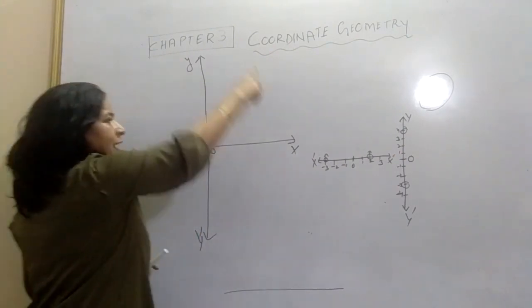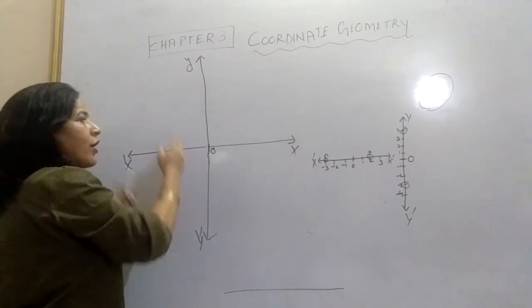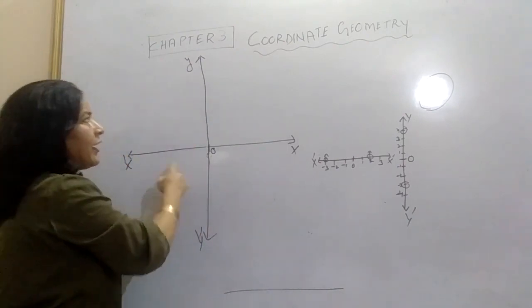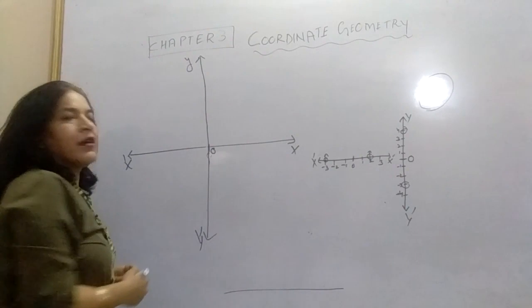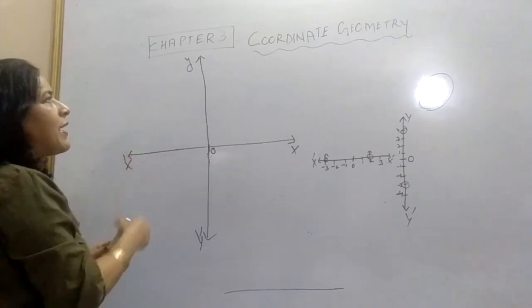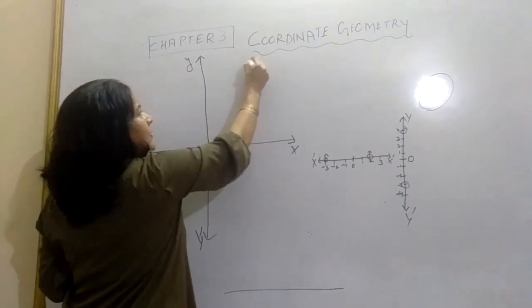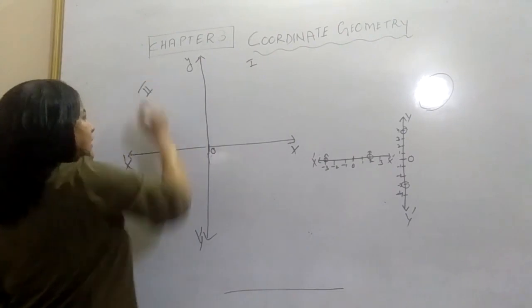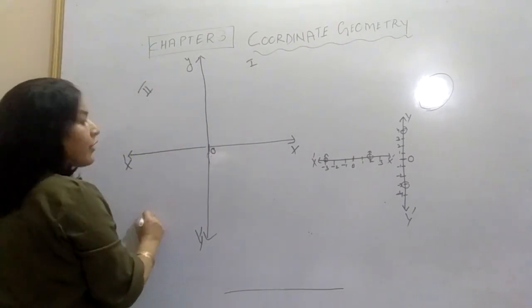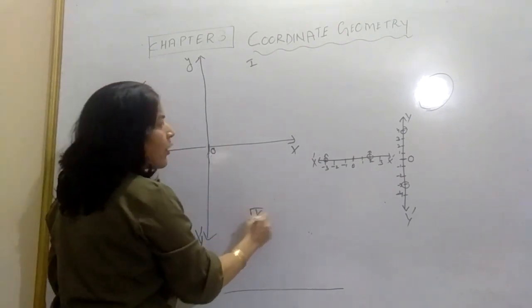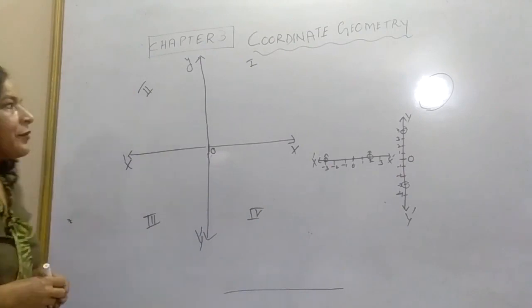Now when these axes cross each other perpendicularly, they divide the plane into 4 parts, namely the first quadrant, second quadrant, third quadrant and fourth quadrant. Clear?